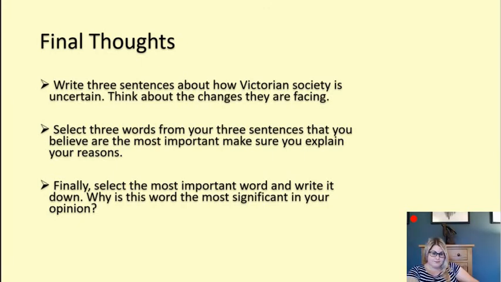And finally, select the most important word and write it down. Why is that word most significant in your opinion? So why is that word to you the epitome of Victorian society? Again, I'm not looking for particular answers here. It's just really interesting to know your thoughts, particularly as you've done some work on context yesterday and now you're consolidating it today.